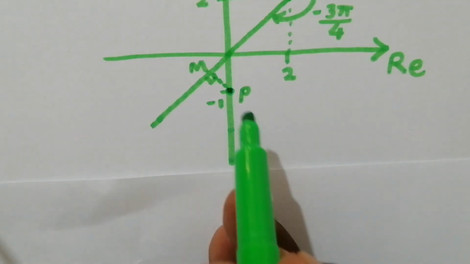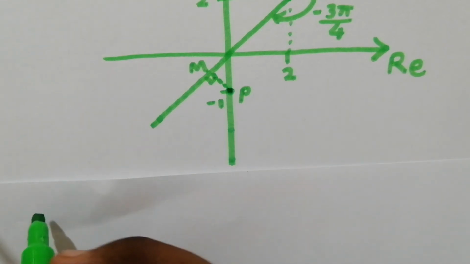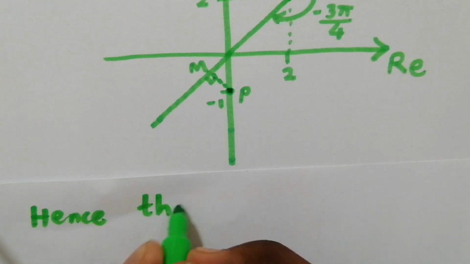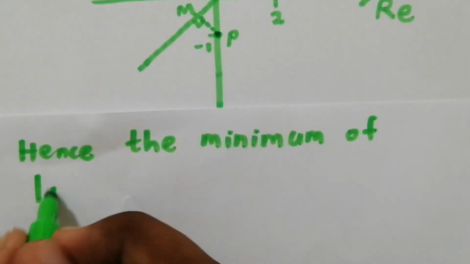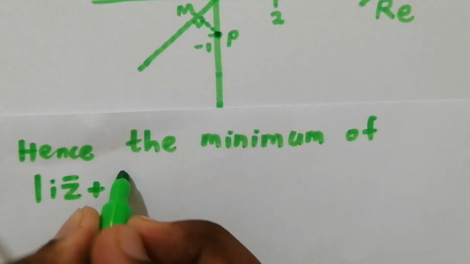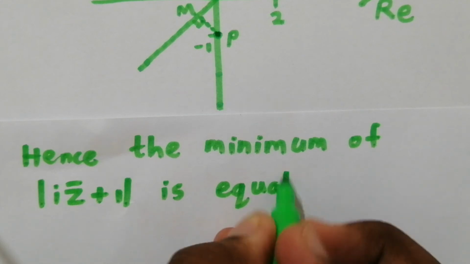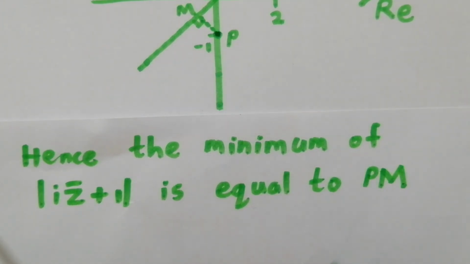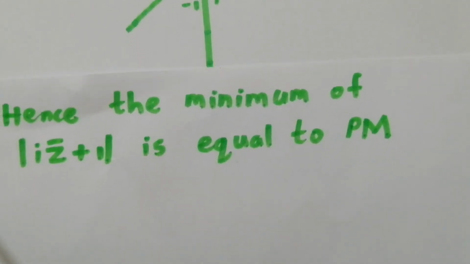I have named this point as P and this as M. Hence, the minimum of modulus of i z bar plus 1 is equal to PM. And if we find the value of PM, it is the minimum value.